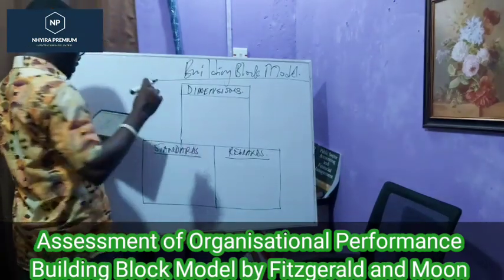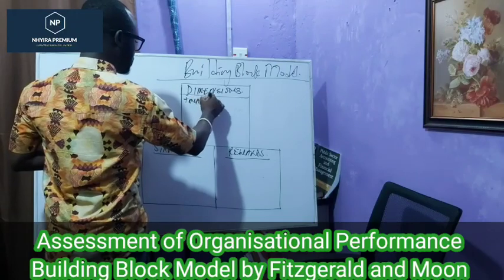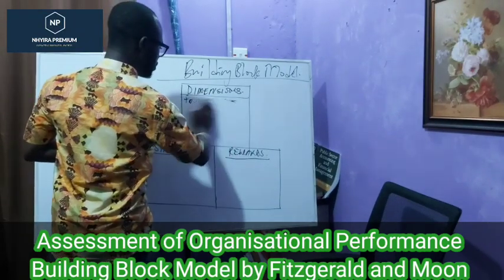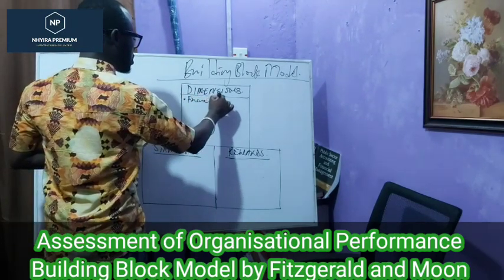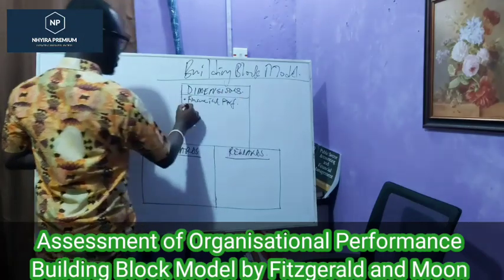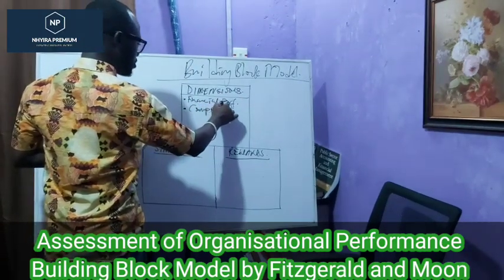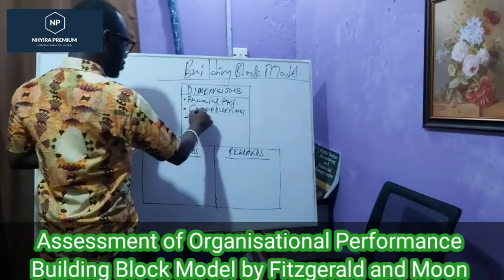Now, under the dimension, there are 6 key things we need to look at. Financial performance. Then we will also have competitiveness. Then we will have quality.